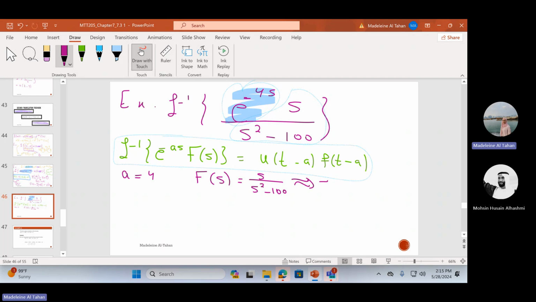From this one, Miss, what can we find? f(t). This one is what? Okay. f(t) is equal to cosine of what? Okay, 10t. Do we agree? This one from the table. We have to go to the table and take it from there.